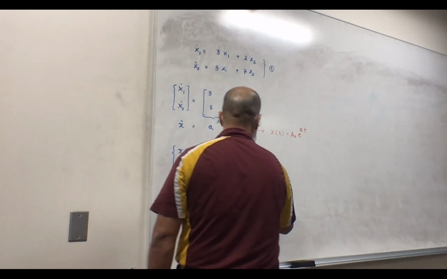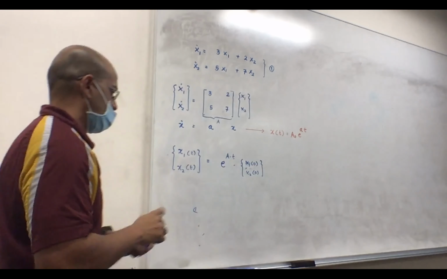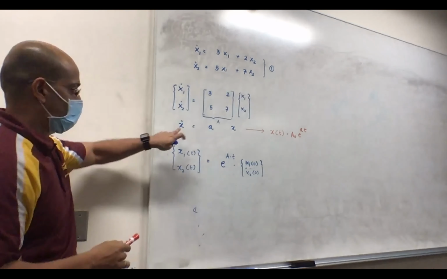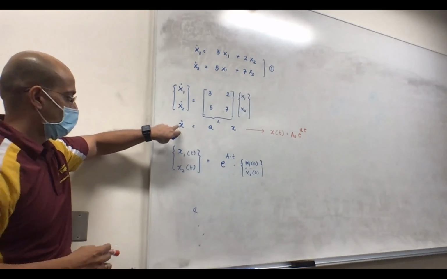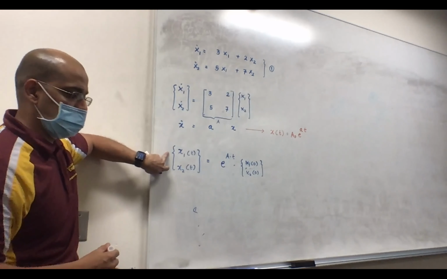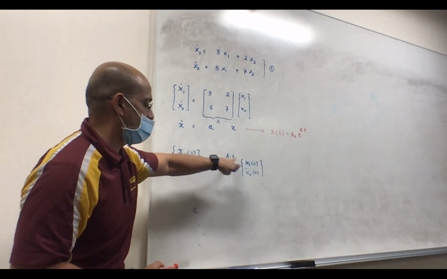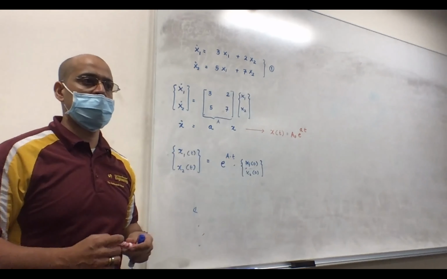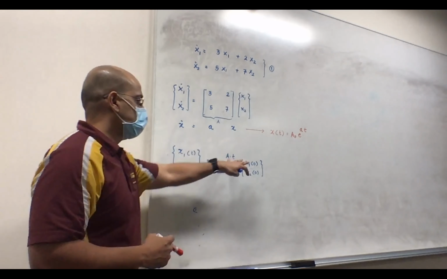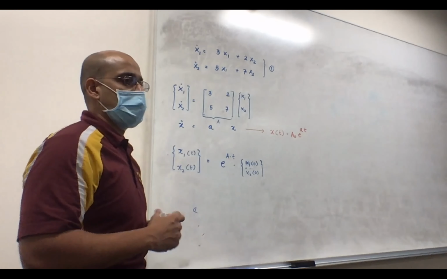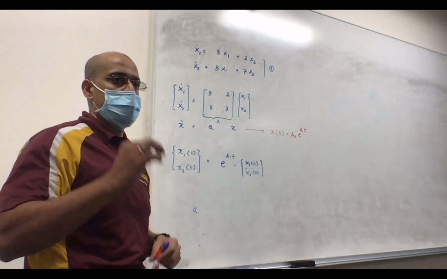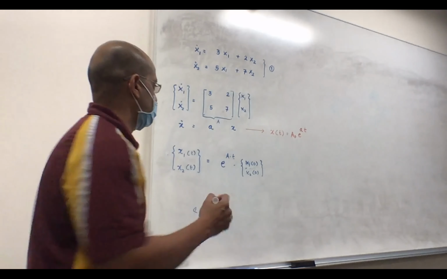And I'm going to pause here for a minute and let you ponder on what I just did. This is the scalar equation. This is a vector equation because there are two scalars, and this is e to the power At. Everyone understood this? This is, in theory, not the right mathematical operation. Why is this not the right mathematical operation?